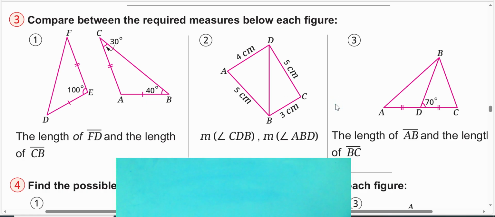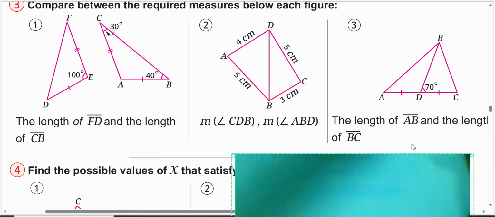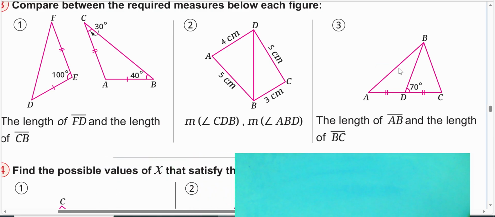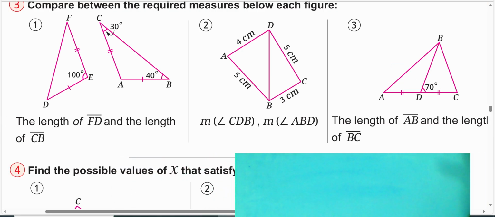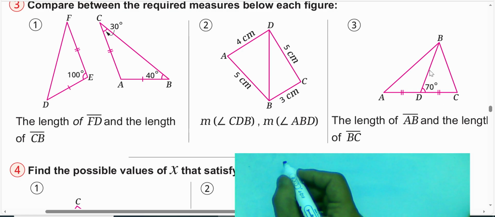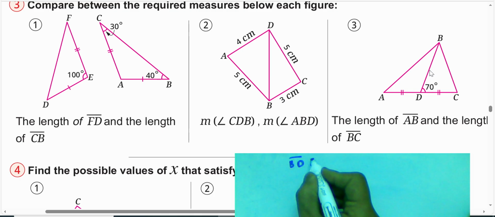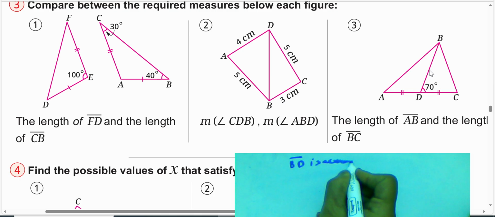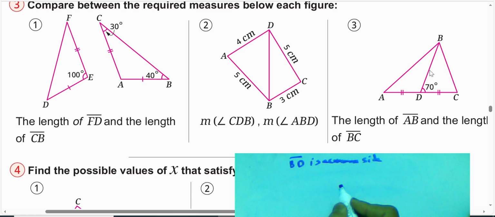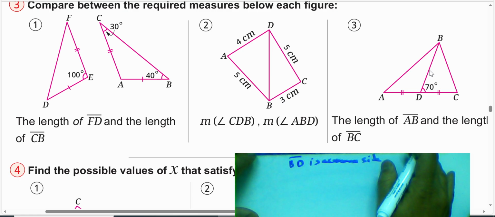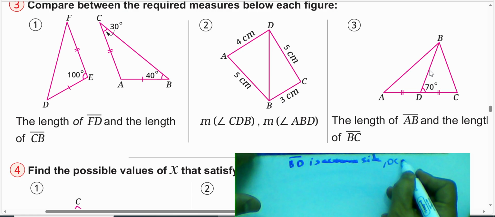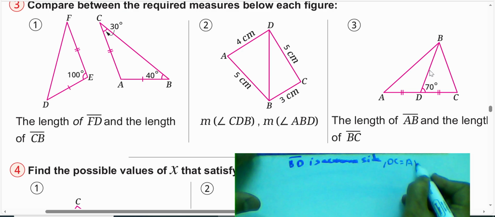Next question, number 3. You want to find the relation between the length of AB and the length of BC. We have here the supplement of this angle, 70. BD is the common side in the triangles. And also DC is equal to AD.